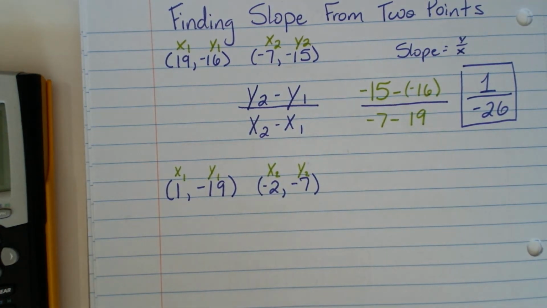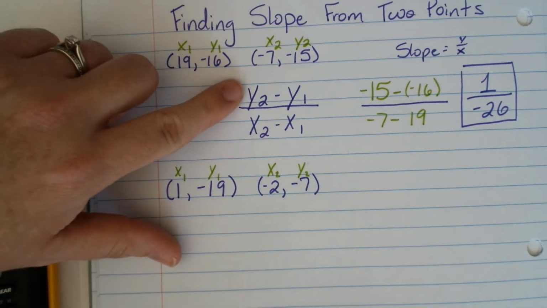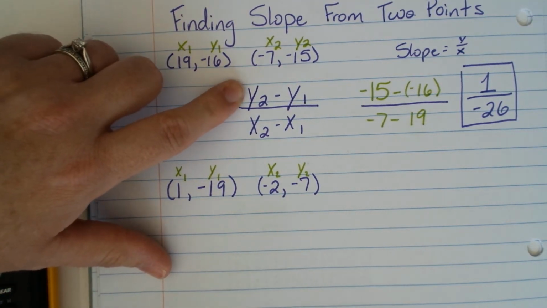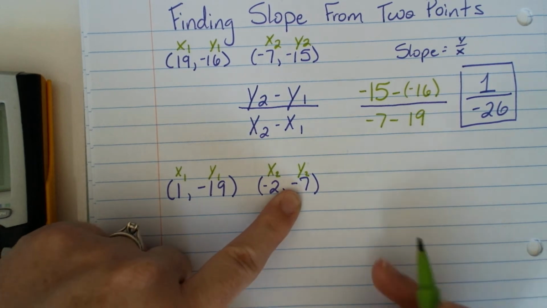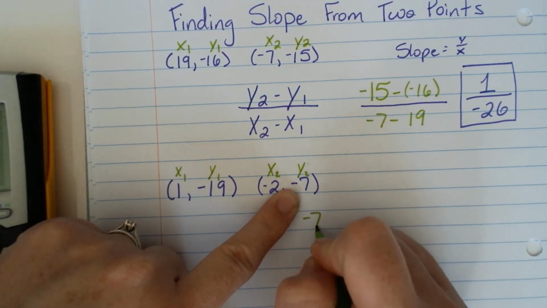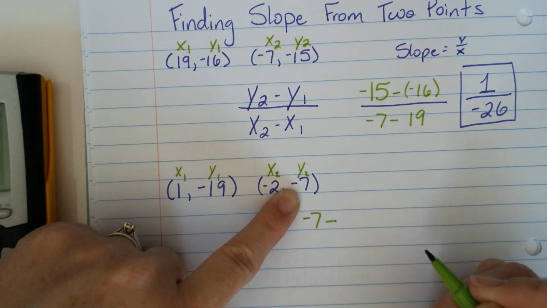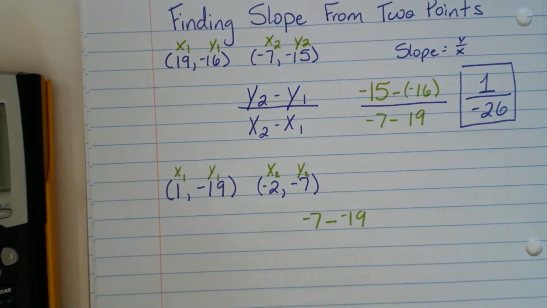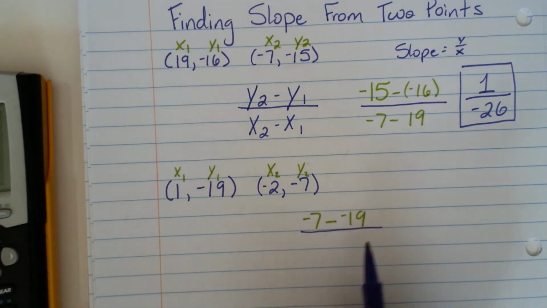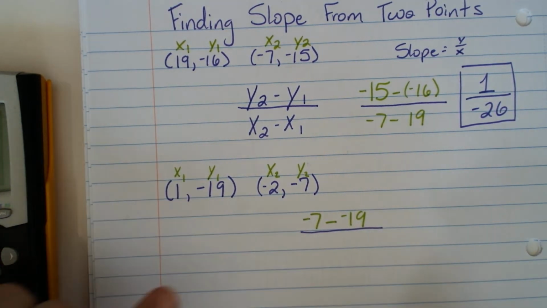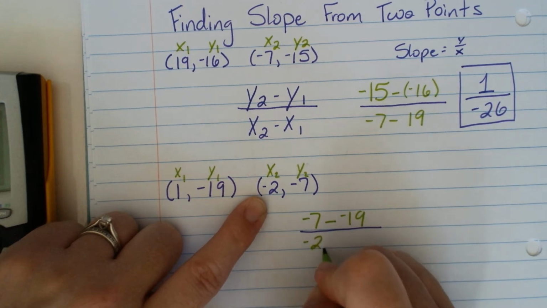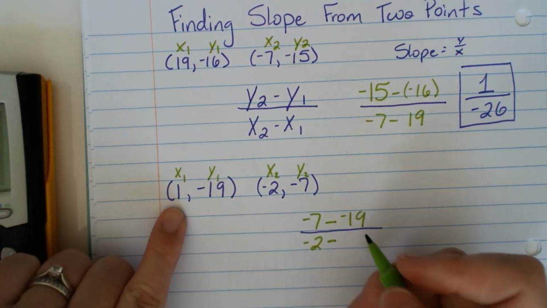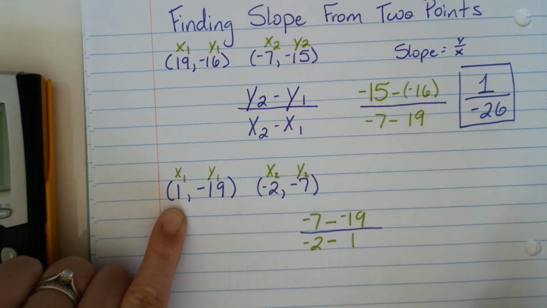Pause if you need to, if I'm going too fast, or rewind a little bit if you need to. Remember, our formula is y2 minus y1, so let's do that first. y2 is negative 7 minus y1 is negative 19 over x2 is negative 2 minus x1 is 1.